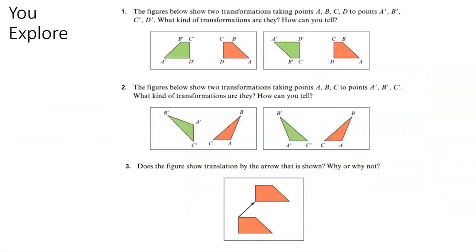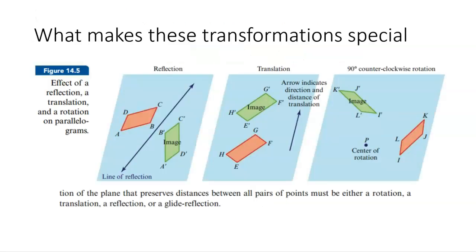Now that you've had that opportunity to play with Desmos, go ahead and complete this exploration here and see if you can summarize what you've learned so far in this space here. What makes these transformations so special is the fact that they preserve the distance between all pairs of points, and so we're not actually changing the shape.